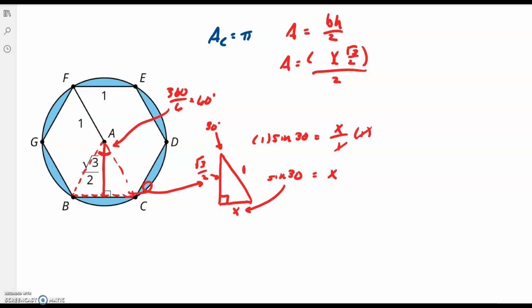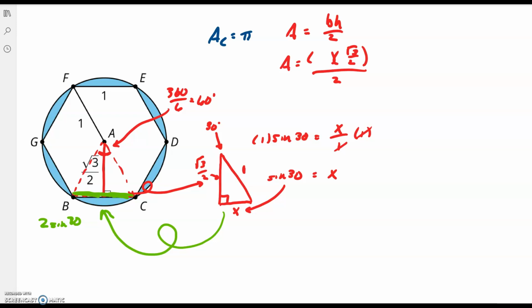When we go back over to our triangle, we need to realize that we have not just one of those, but 2 of those. So the length of this entire base is 2 times the sine of 30. I can use my calculator for that.